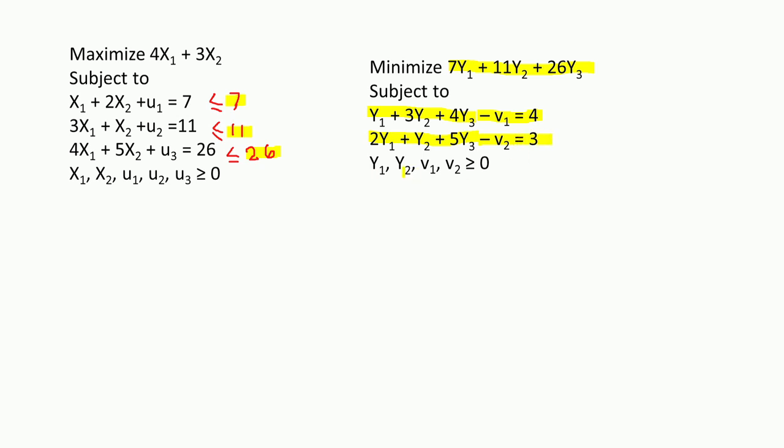Now, y1, y2, y3, v1, v2 are greater than or equal to 0. y3 is also greater than or equal to 0 and that has to be included. So, we have all 5 variables greater than or equal to 0.